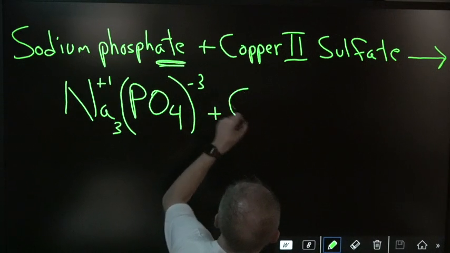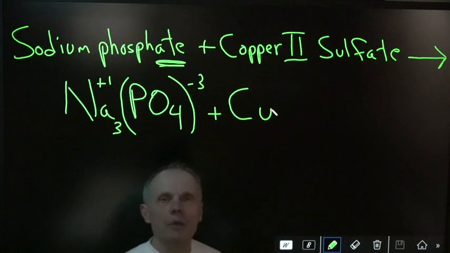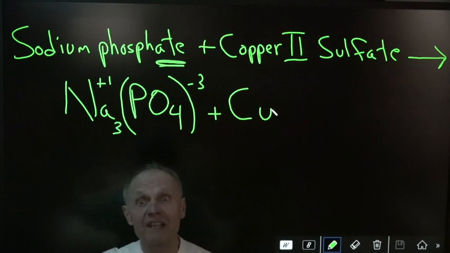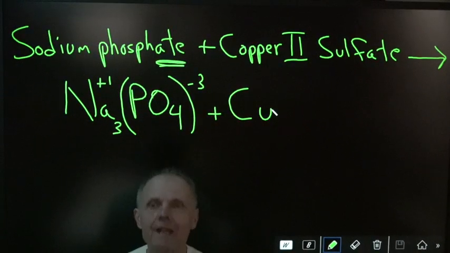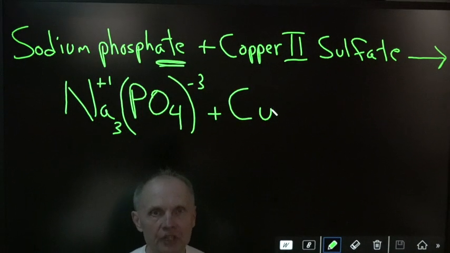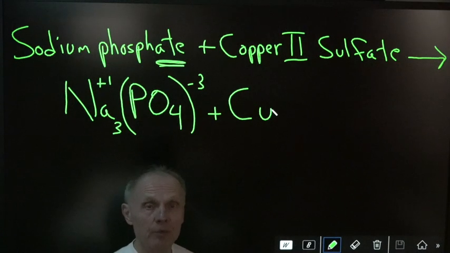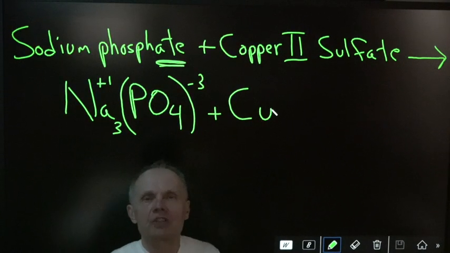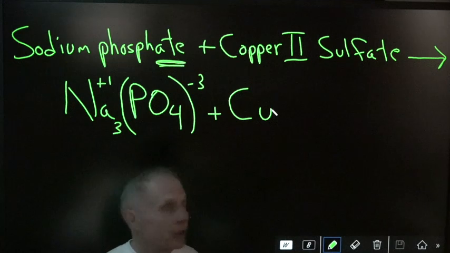Now, copper is Cu. The Roman numeral 2 doesn't mean take the second charge down. It means whatever the Roman numeral is, that is the oxidation state. So if it's copper Roman numeral 1, it's a +1. If it's copper Roman numeral 2, it's a +2.